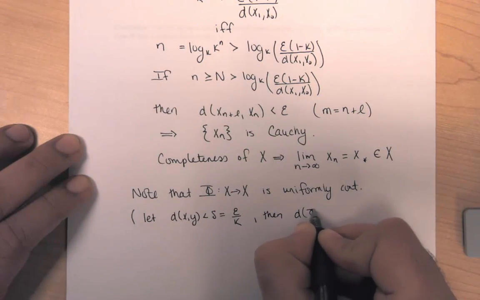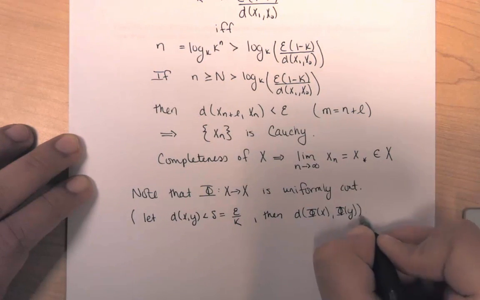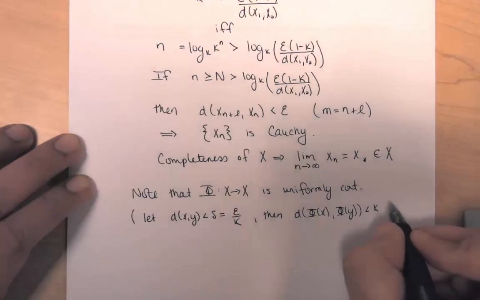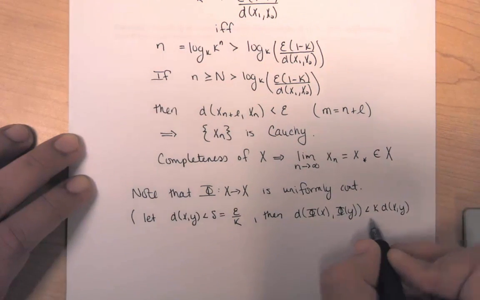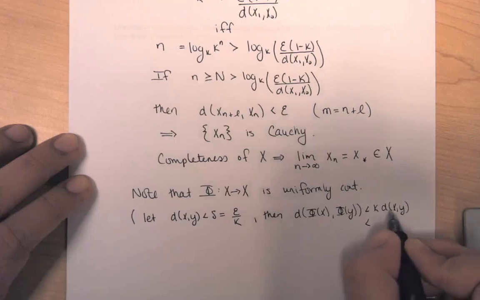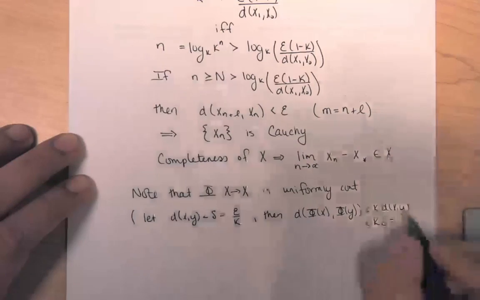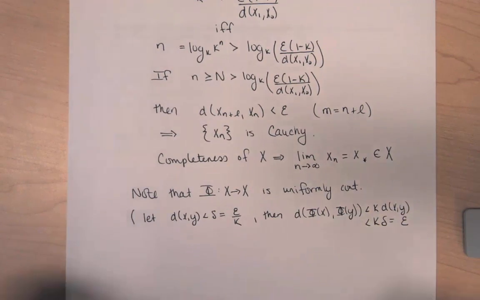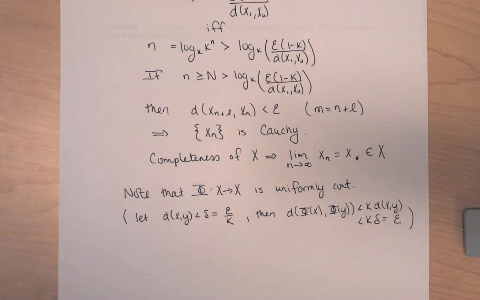Then the distance between phi of x and phi of y is less than k times the distance between x and y. That's just the contraction criteria. And this distance is less than delta, and delta is epsilon over k. So k times epsilon over k is just epsilon. Okay, so there's a quick proof of why a contraction is necessarily uniformly continuous so long as I'm working in a complete metric space.